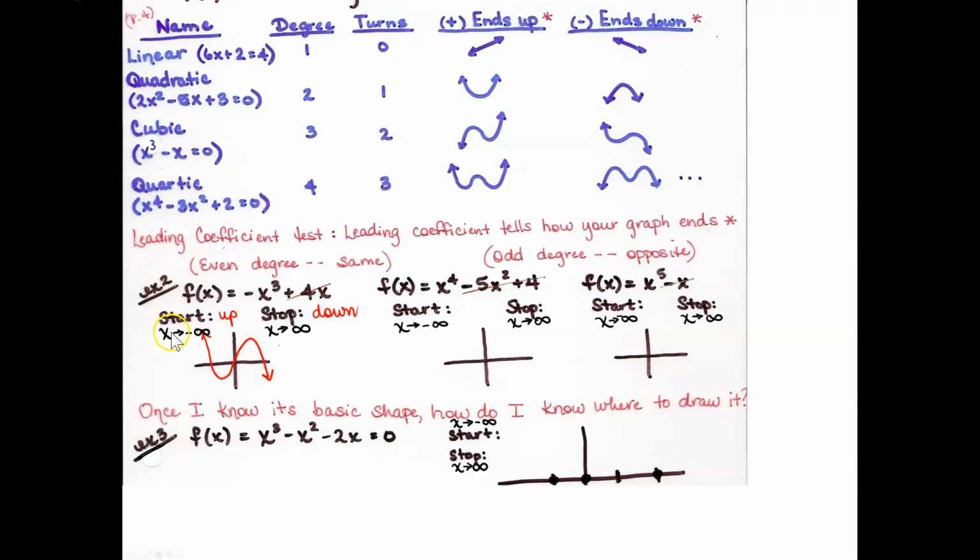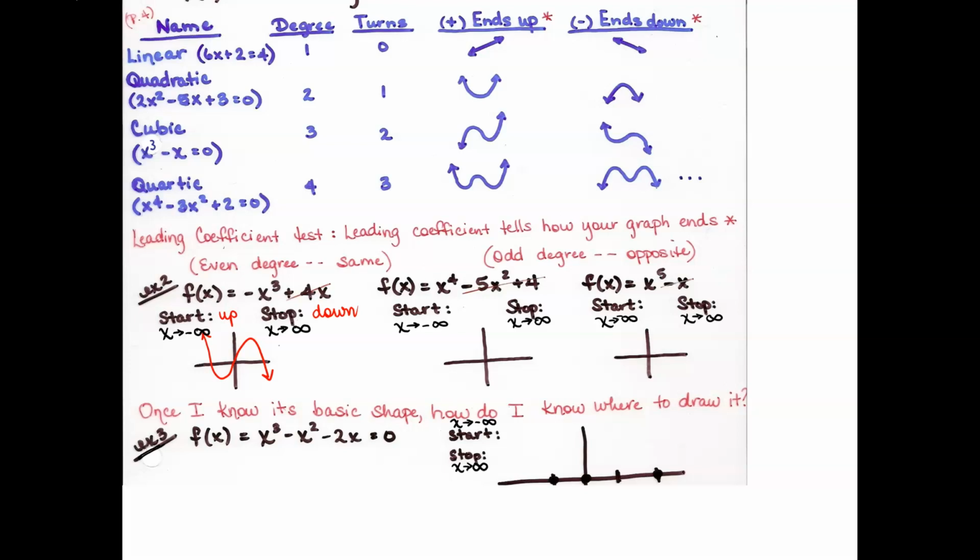So how's it start and what's it doing as x approaches negative infinity mean the same thing. All right, same idea over here. How does it stop is the same thing as how x approaches positive infinity, because if you'll notice, we're looking at what it's doing as it ends, and that just keeps going and going and going and going. So that's just another way of writing that same thing.